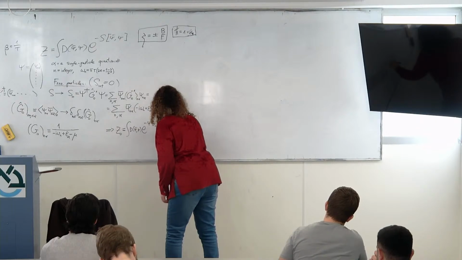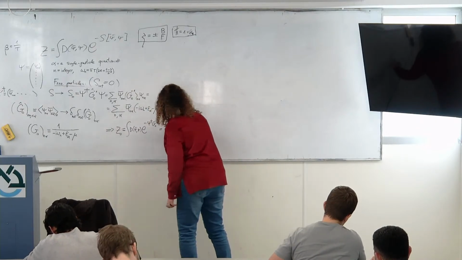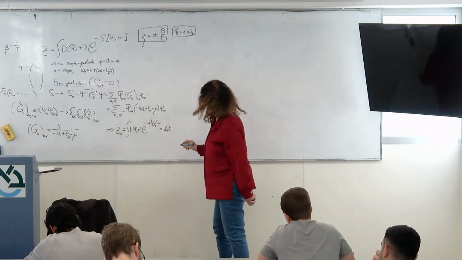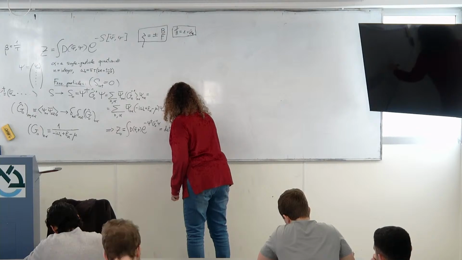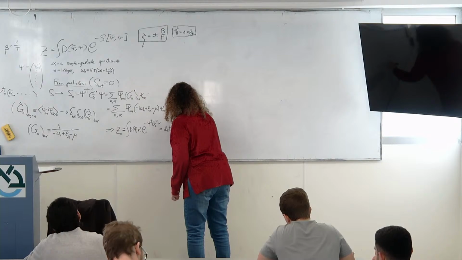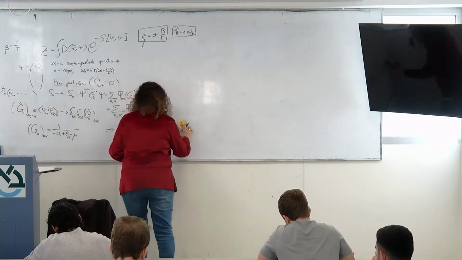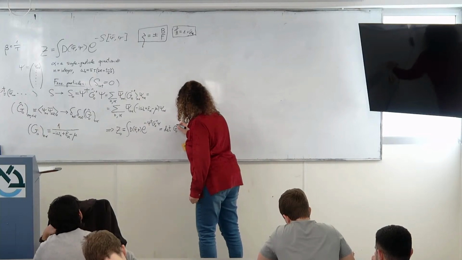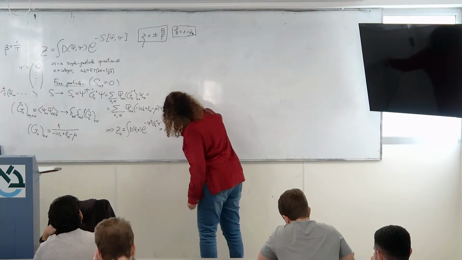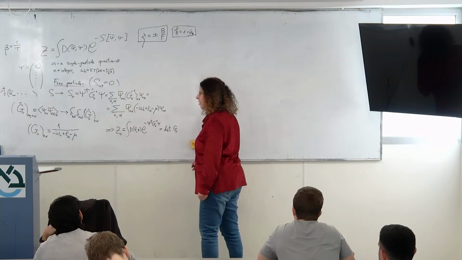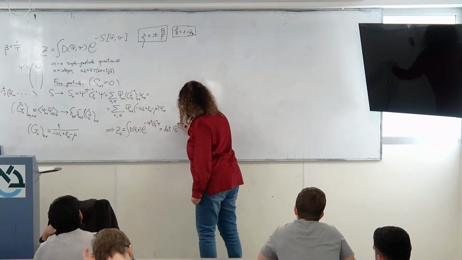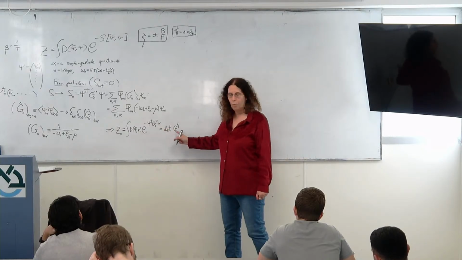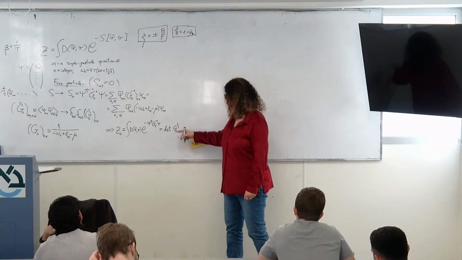In short, the result is a determinant of, and now it depends whether it's bosons or fermions, so it's the determinant of G to the power zeta, right? So if there are bosons, it's the determinant of the inverse of this matrix, which is G naught. If there are fermions, it is G naught minus 1.